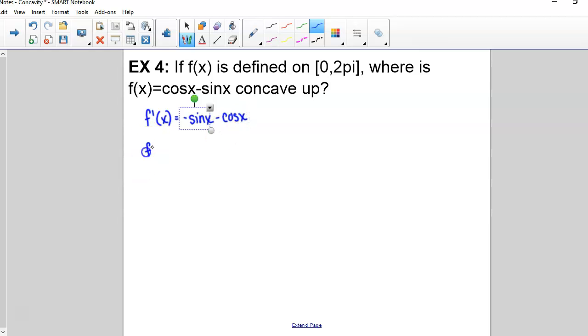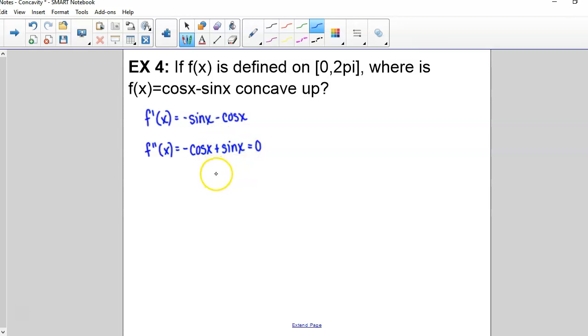And then we have to take our second derivative, which is going to be negative cosine x plus sine x. And we want to know where this equals 0.